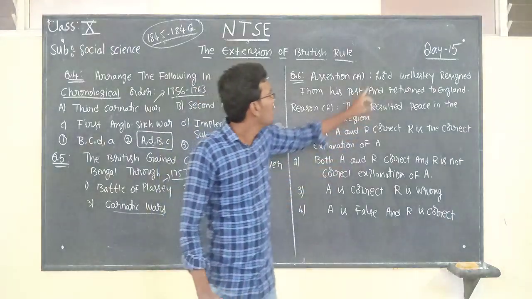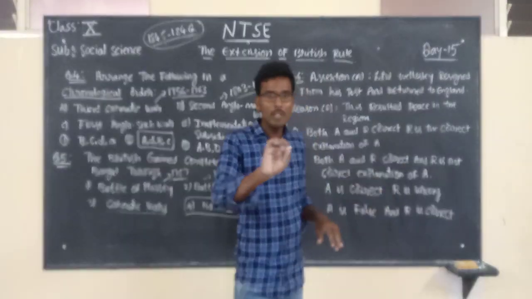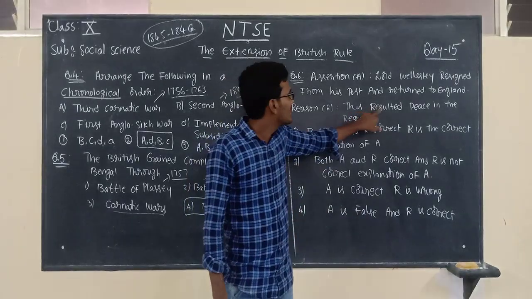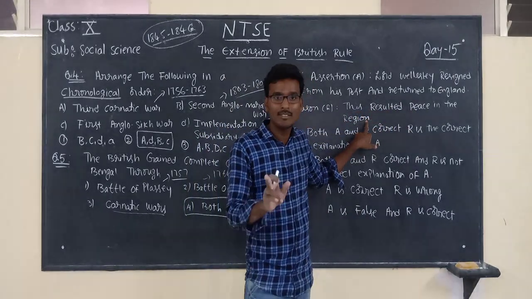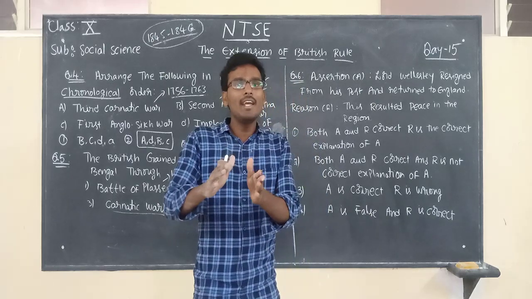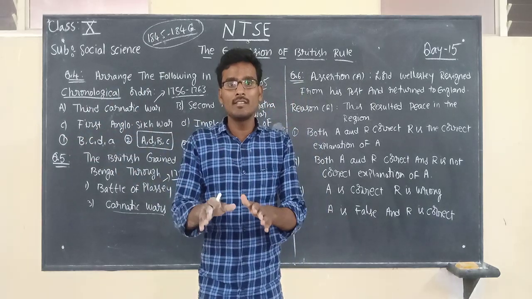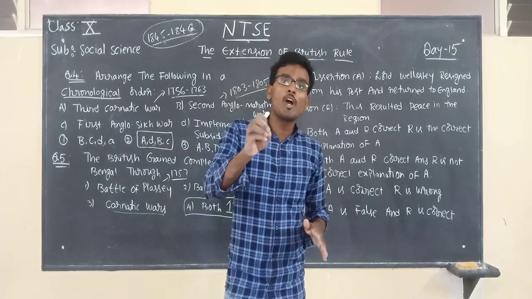Finally, he resigned from his post and returned to England. That is correct. Reason: this resulted in peace in the region. Yes, it is also correct. After he returned to England, there was some peace in the regions Wellesley occupied.